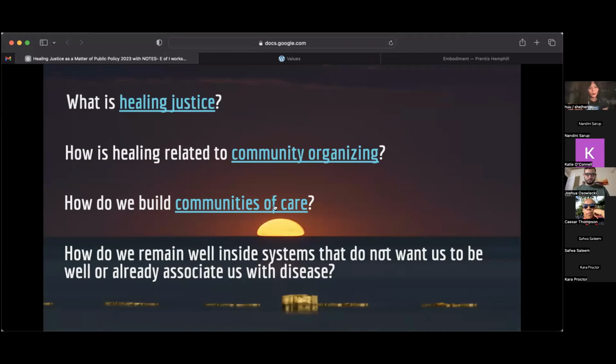But before we get to that, I want to pause for a minute and ask folks, with a show of hands, and I'm going to try to open my screen here so I can see you all: how many of you think you live in communities that have the resources you need to address man-made and or natural disasters? Raise your hand if you think your community has the resources it needs.